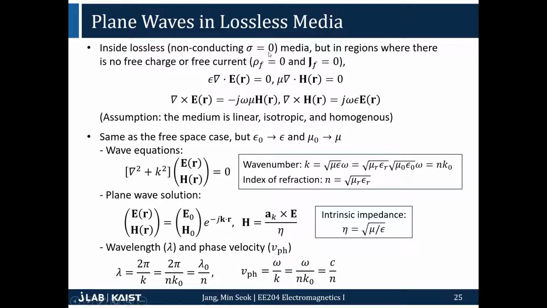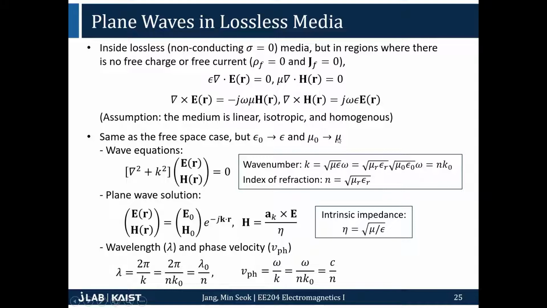Okay, and we also assume source free. There's no free charge, no free current. Then the equations become like this. Everything is basically exactly the same. The only difference is epsilon 0 becomes epsilon, mu 0 becomes mu, right? Because it's not free space anymore.